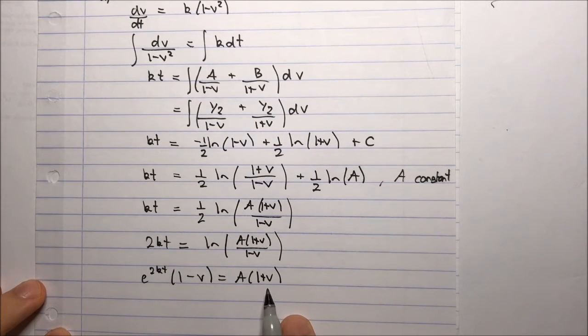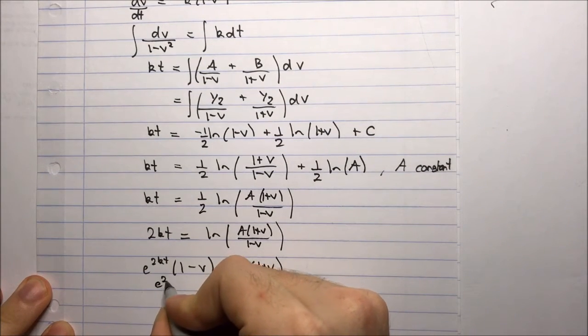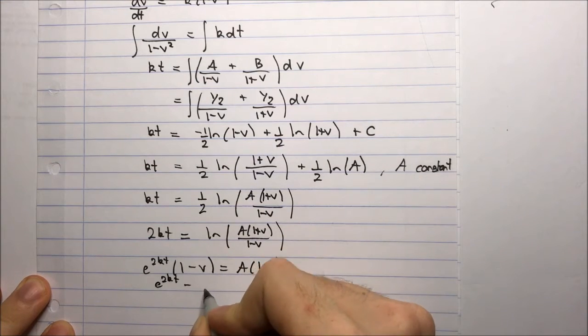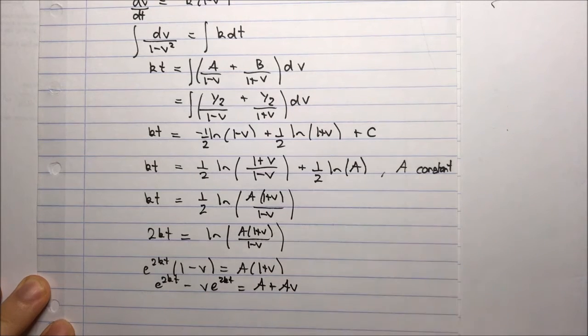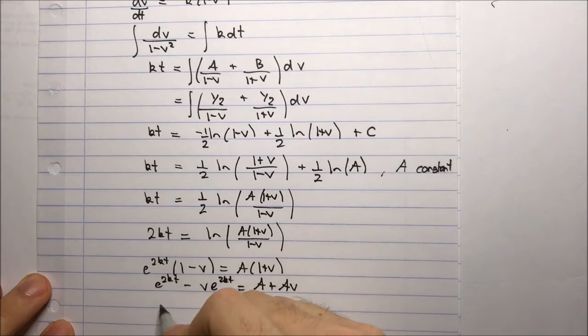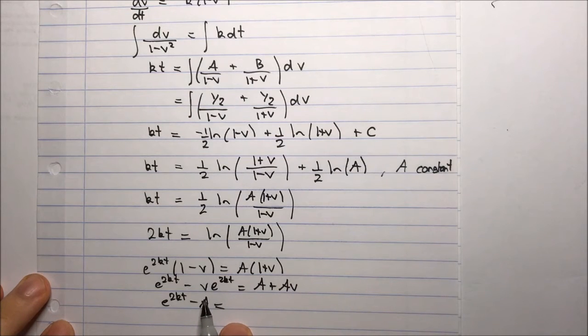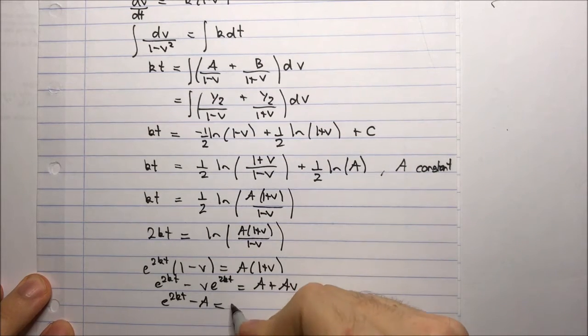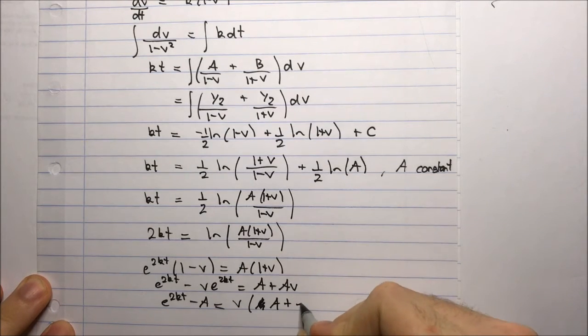Alright, now let's rearrange and solve, and set v as the subject of the equation. So that's going to give me e to the 2kt minus v e to the 2kt equal to a plus av. Bring this over here and I get e to the 2kt, bring this over here, minus a, equal to, now as I bring this over here it becomes a positive, and I want to factor out a v from each term. So I'll have v, a plus e to the 2kt.